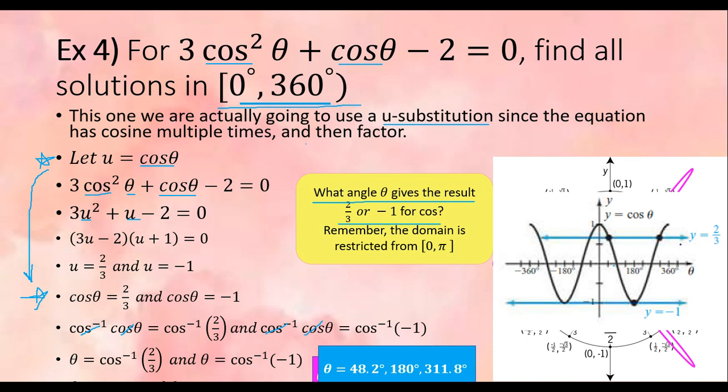We've got cosine, and we've got the 2 constant values that it's equal to. Remember, right here, this is what we're checking the intersection points for: cosine equal to 2/3, and cosine equal to -1. So cosine equals -1 at 180 degrees. You could see 180 degrees right there.